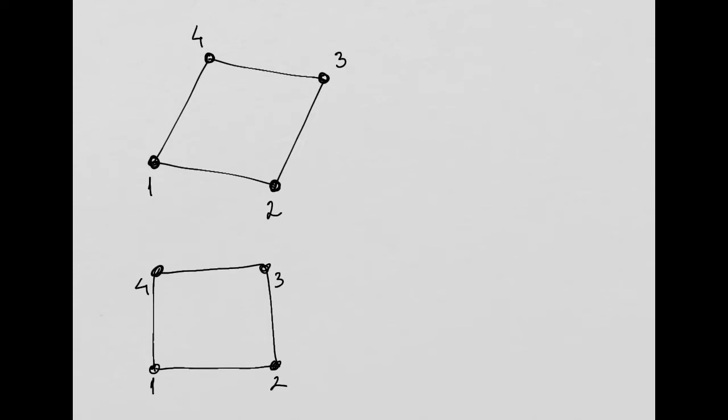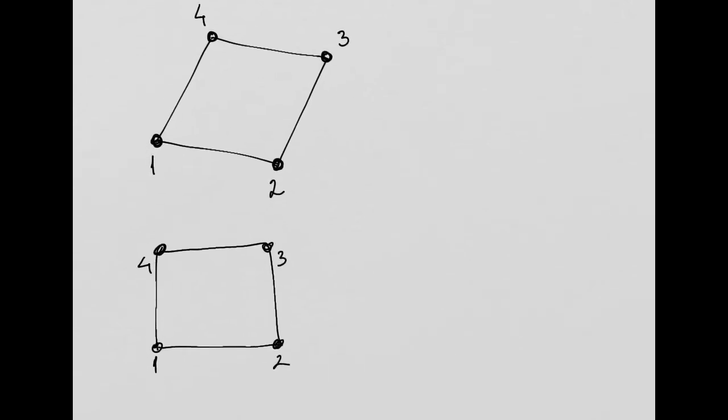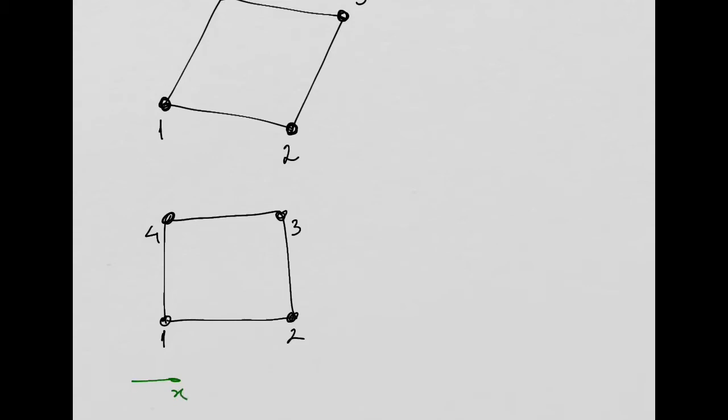For a plane stress element, if this is my x and y axis, each node will have degrees of freedom which are going to be the displacement of node 1, in this case, in the x direction, u1, the displacement of node 1 in the y direction, which we represent with the letter v, v1, and the same thing for all other nodes. So u2, v2, u3, v3, u4, v4.